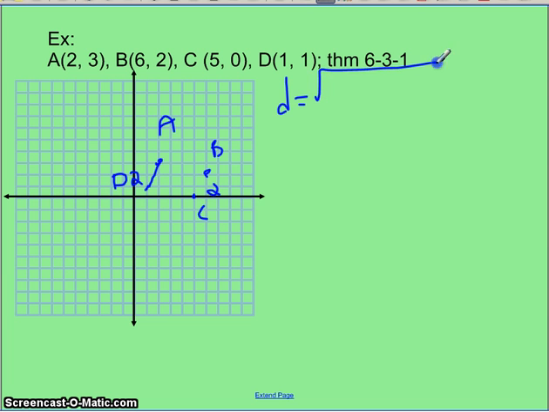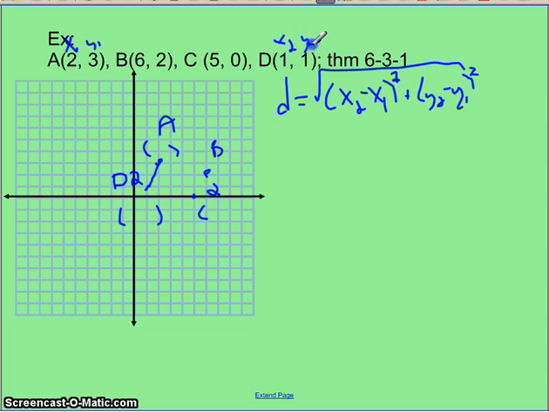Distance formula is equal to the square root of x2 minus x1 squared plus y2 minus y1 squared. Alright, so we probably want to put a couple of points on here. Actually, we got AD would be these 2 points right here. So this is going to be my x1, my y1, this will be my x2, and my y2.